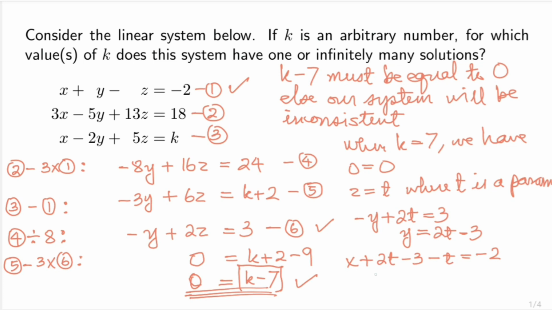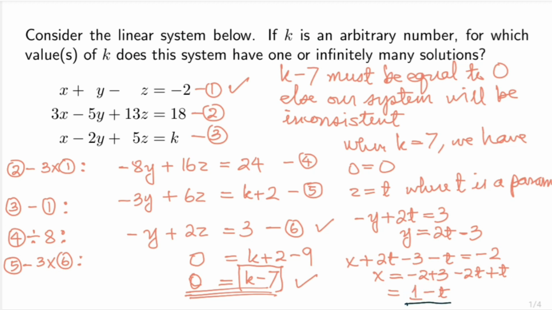That gives us x is equal to minus 2 plus 3 minus 2t plus t. And that gives us 1 minus t.